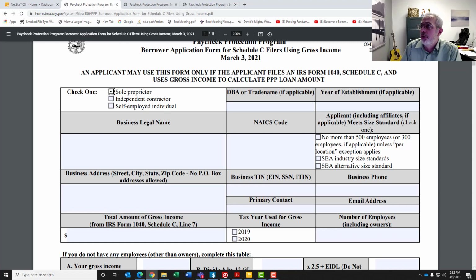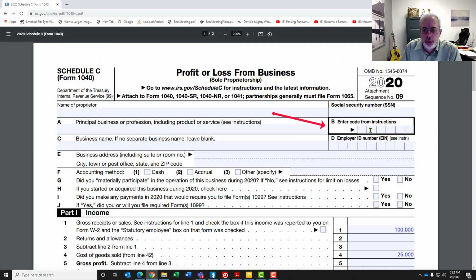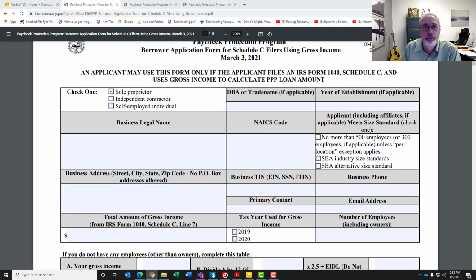Well, if you pull up your Schedule C, like I said, I'm going to try to make this as easy as possible. Right here on your Schedule C should be your NAICS code. And that should have been on your return. Your preparer last year should have used that, or this year, depending on which year you're working off of. So that is where that comes from.